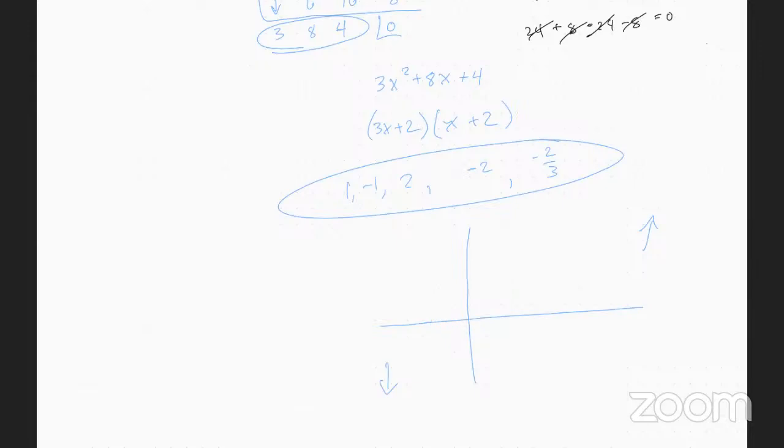Sorry, -1, -1. There we go. So there's 1, there's 1 here, and there's 1 here. And the end behavior is as we've discussed. So you know it has to go up, come down, go back up again, come down, go back up again, like so. And again, it can look much different, but that's how it's got to be. That's what the end behavior has to look like and what the intercepts have to look like.